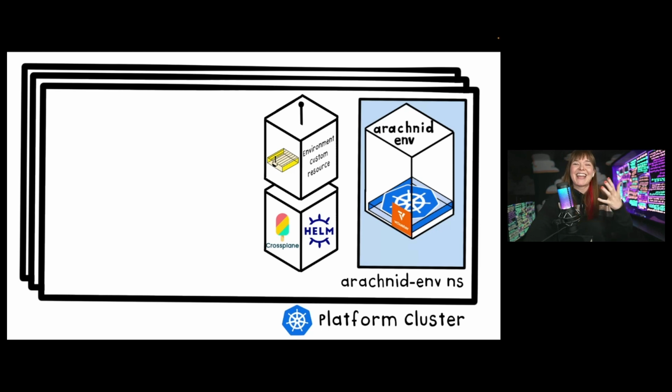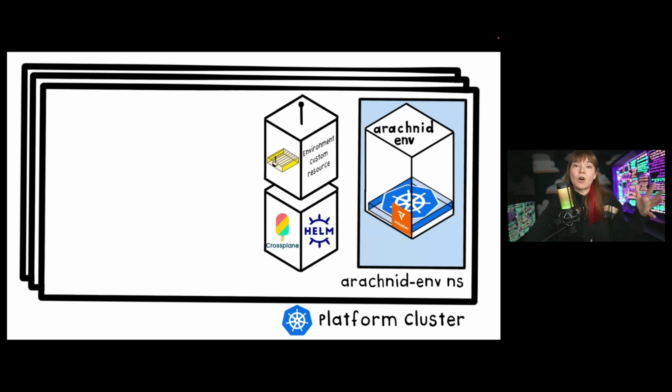vCluster is a virtual cluster, and what it does is it helps to solve the problem of multi-tenancy in Kubernetes, where if you have lots of teams sharing one cluster and each team gets their own namespace, then you have some problems with teams stepping on each other's toes, using different versions of different tools, needing root access to install certain tools into the cluster.